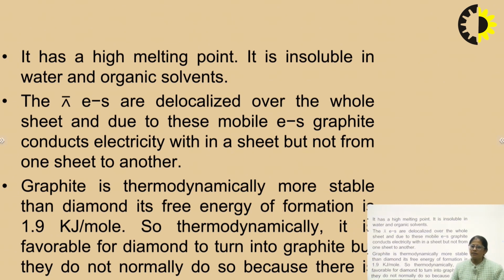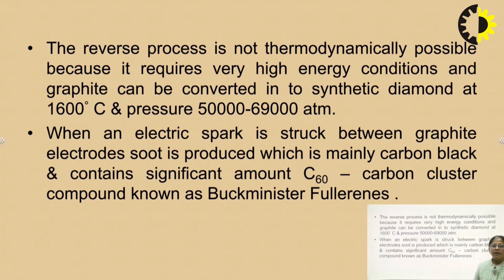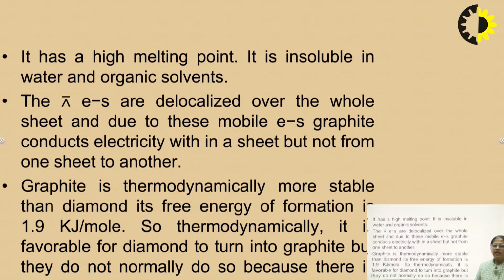Graphite is thermodynamically more stable than diamond. Its free energy of formation is 1.9 kilojoules per mole. So, thermodynamically, it is favorable for diamond to convert into graphite, but it does not do so, because high energy is required for the process.